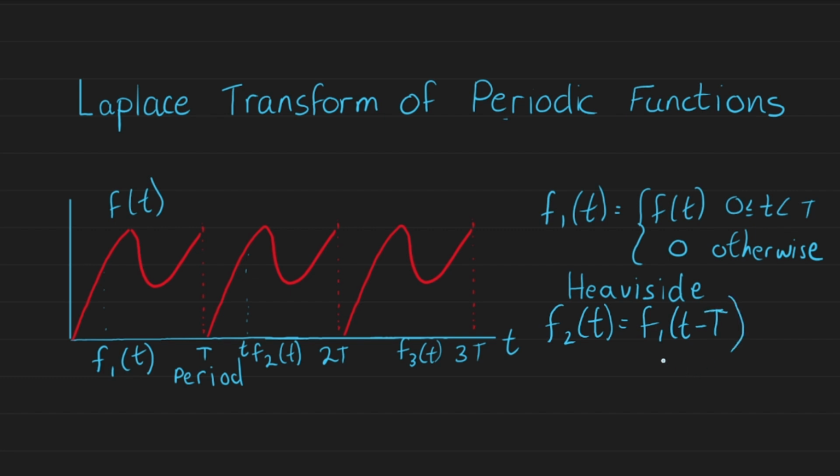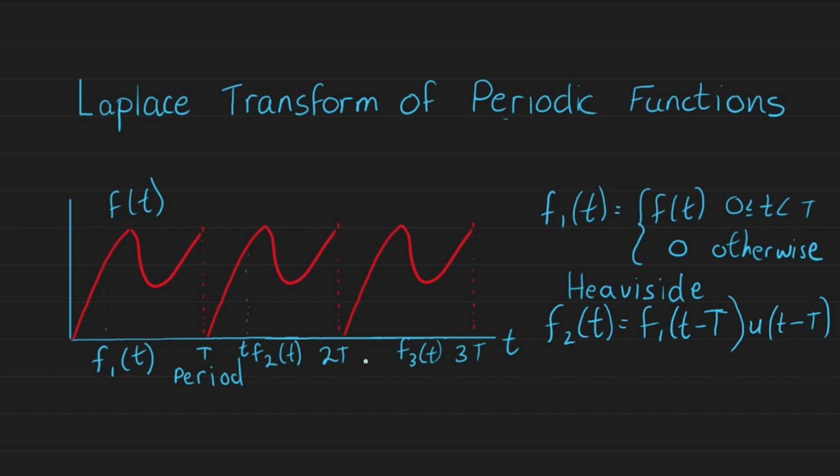And what we can now do to switch it on during this period of time, we use the Heaviside unit step function. And you would recall in the last video, it's written as u, and we would say u(t minus T). So what this says is that it's switching on f1(t minus T), basically with t being between T and 2T.